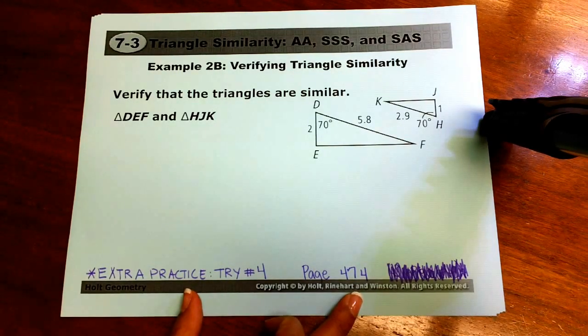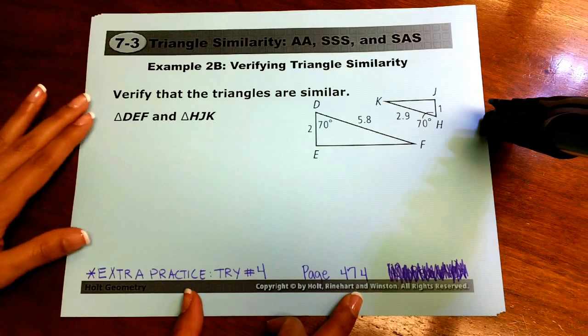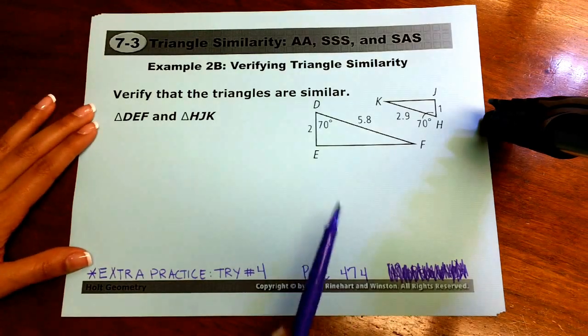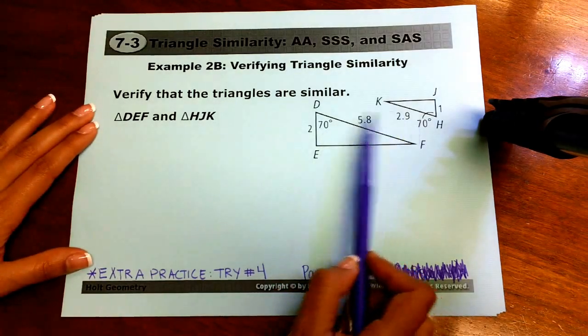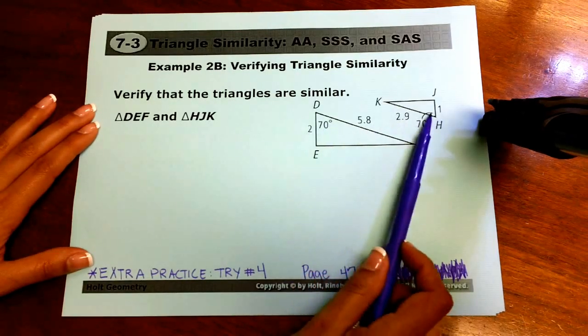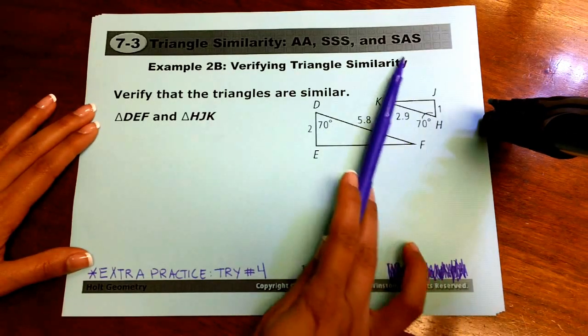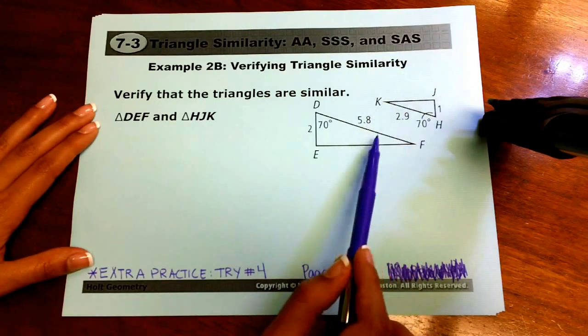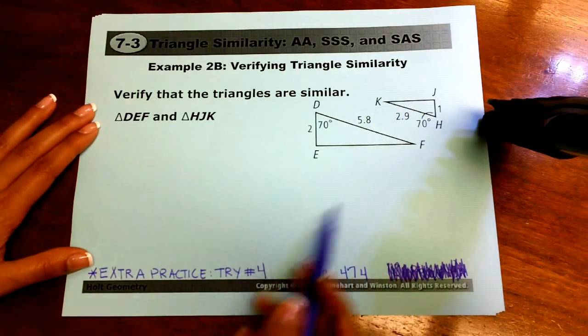This is example 2B. Again, we're verifying that the triangles are similar. I have two angles labeled, and I have two sides, and the angles are included. So I'm going to check to see if I can use side-angle-side to verify that they're similar.